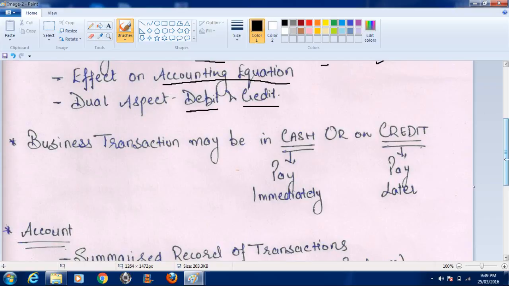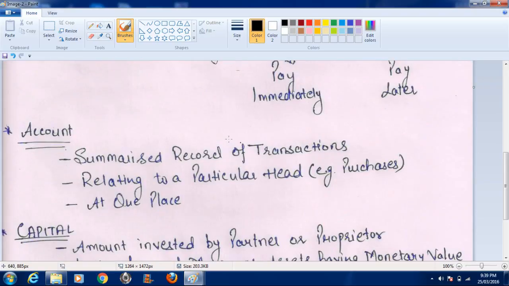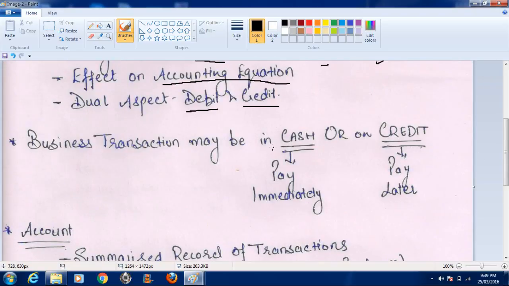Because it is a financial transaction, it is to be recorded whether it is on cash or on credit. We can't say that we haven't paid him the cash right now, so it is not to be recorded, because we will pay at some stage. So even a credit transaction is to be recorded.